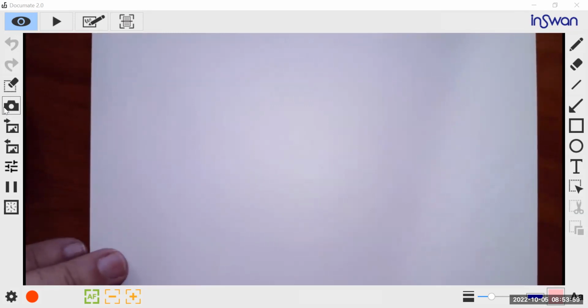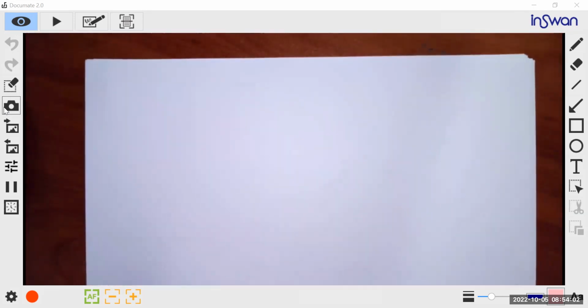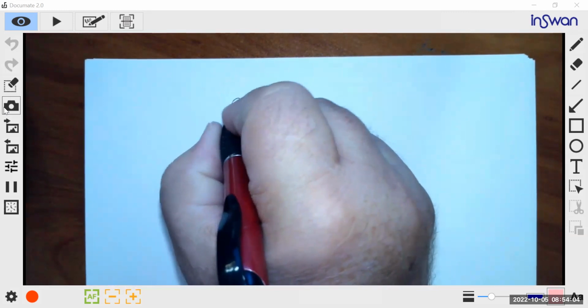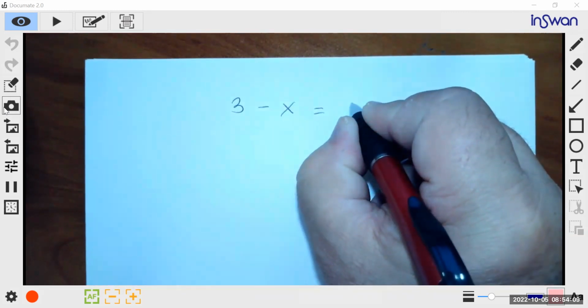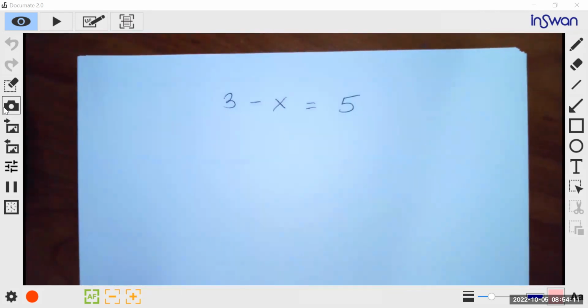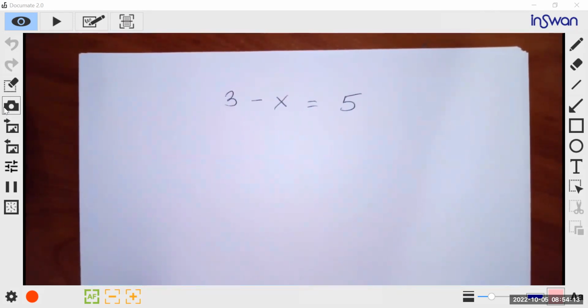Okay, let's look at an example here. Three minus x equals 5. What do you do first?